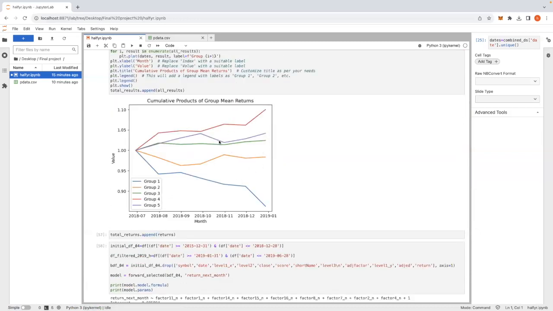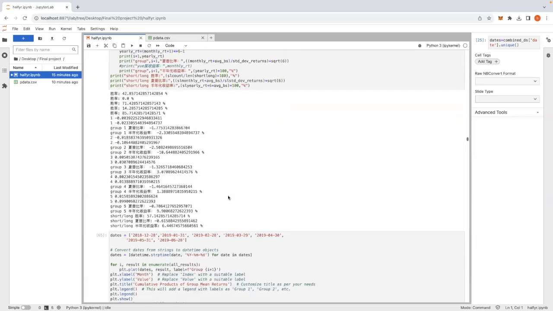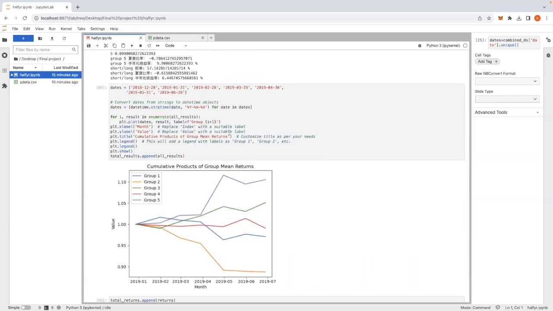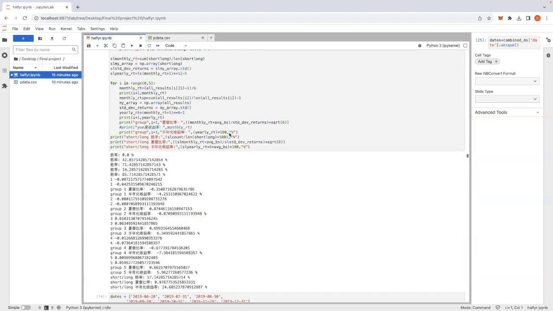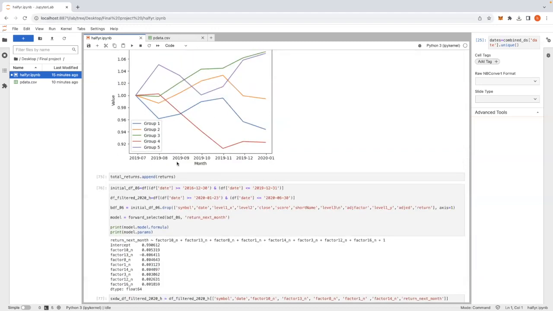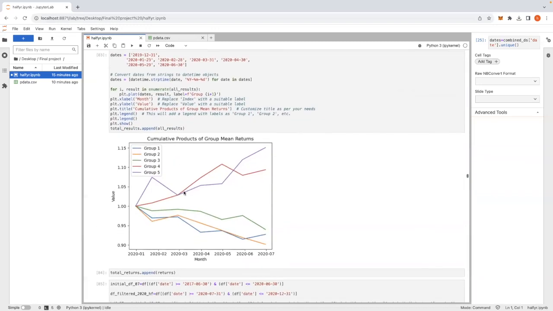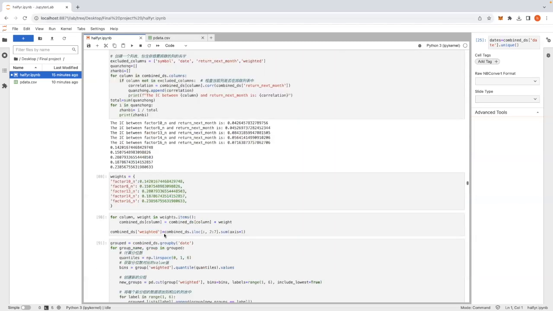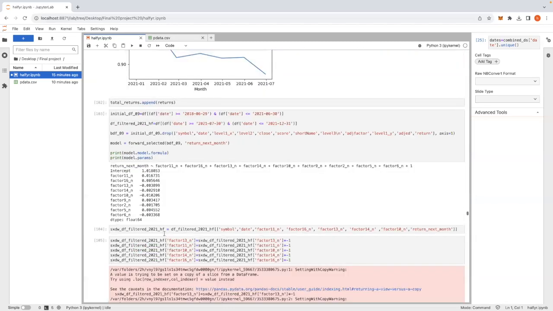This group works pretty well. The factors work pretty well, so the difference is significant between each group. Here it is, another half year, another half year, another half year.